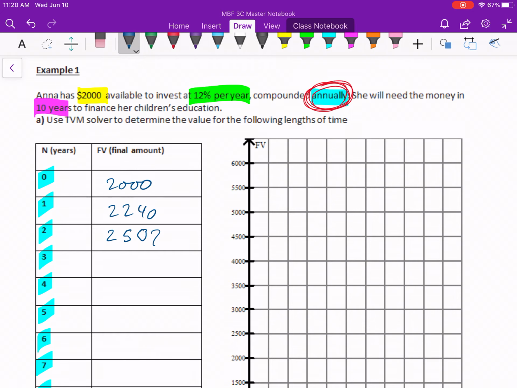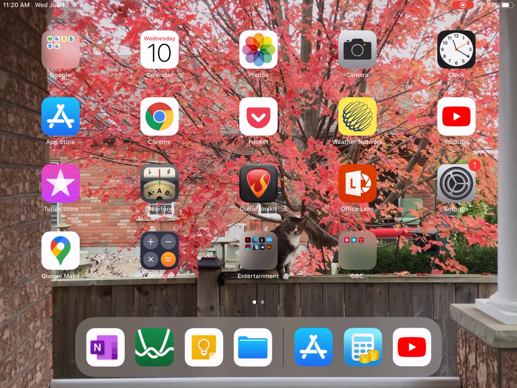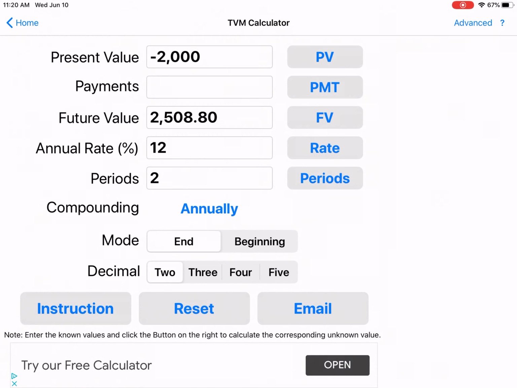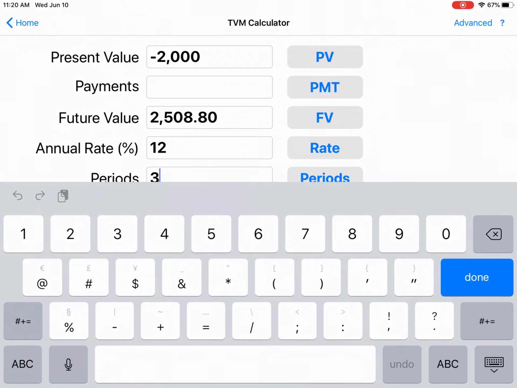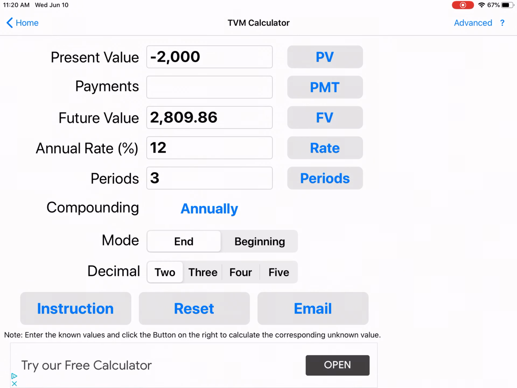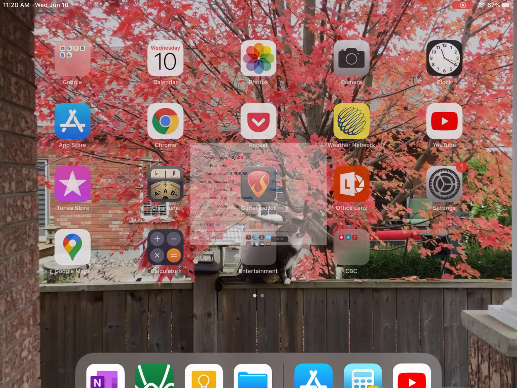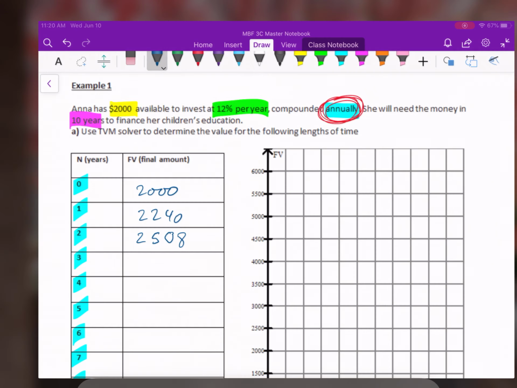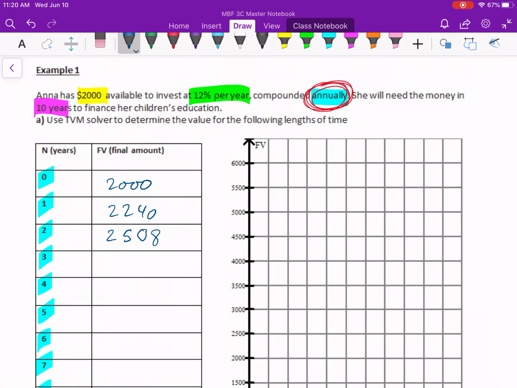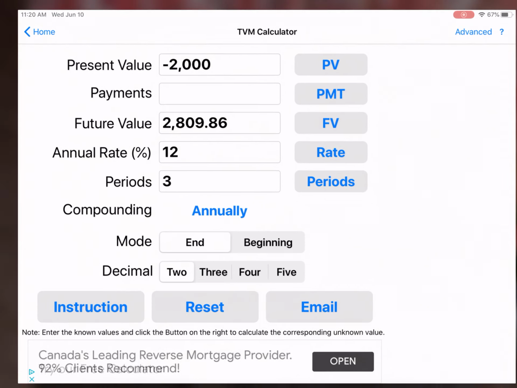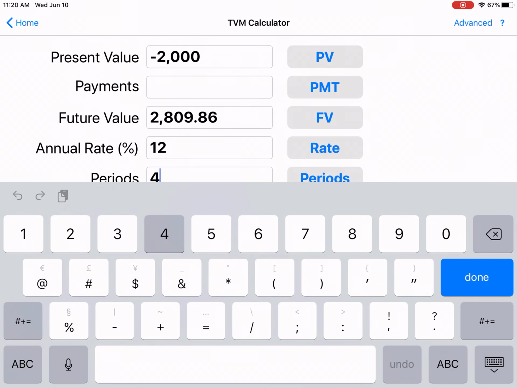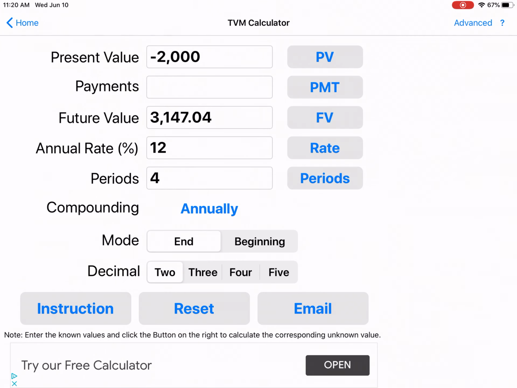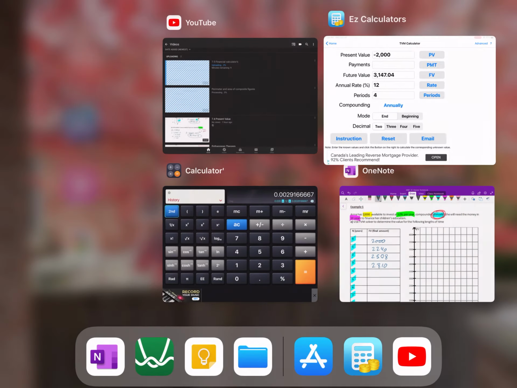And then 3 years, 2810, let's call it. OneNote's a little bit laggy, but 2810, and 4 years, and we get 3147.